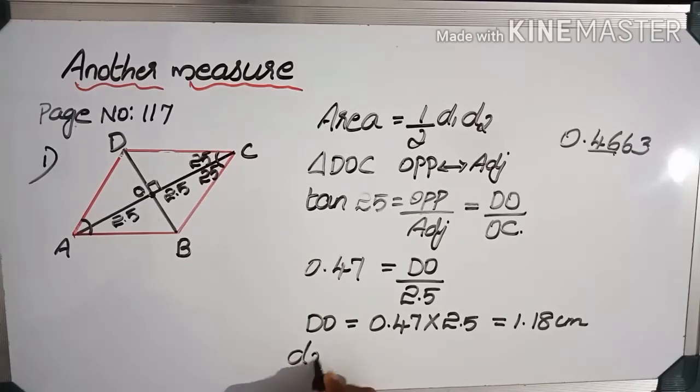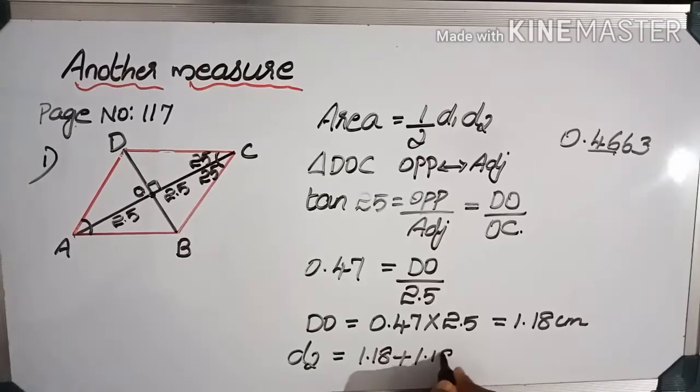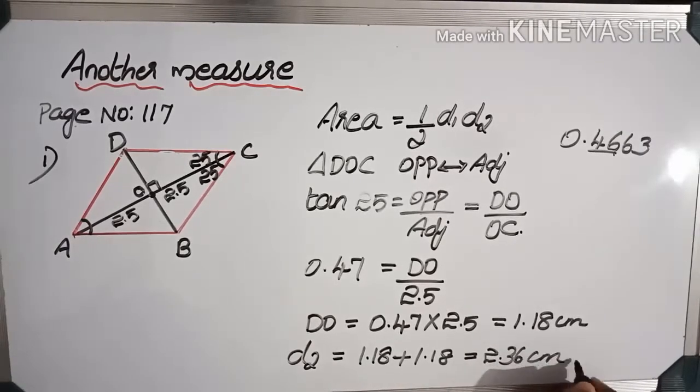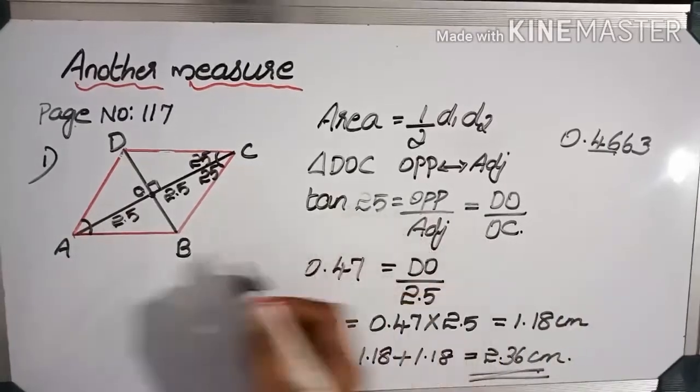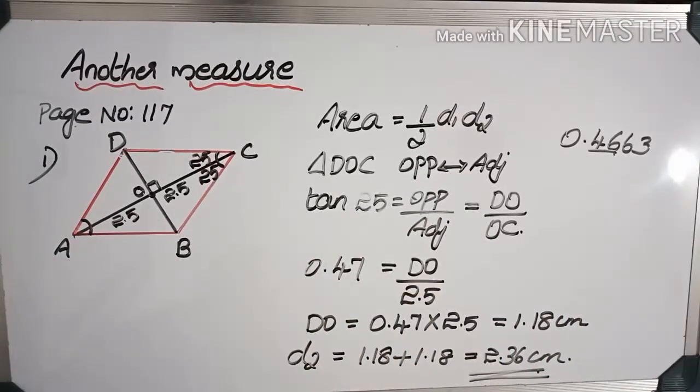That means the second diagonal D2 will be 1.18 plus 1.18 or 1.18 into 2. So answer will be 2.36 centimeter. So this is the second diagonal. First diagonal is 5 centimeter.